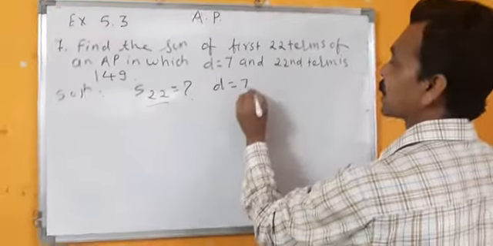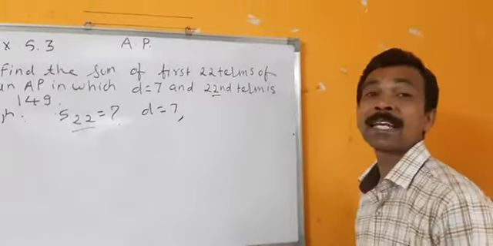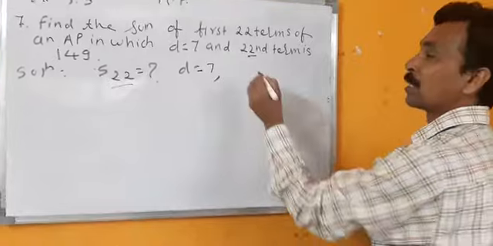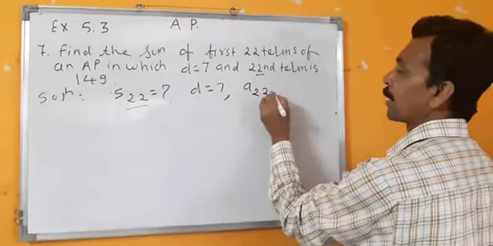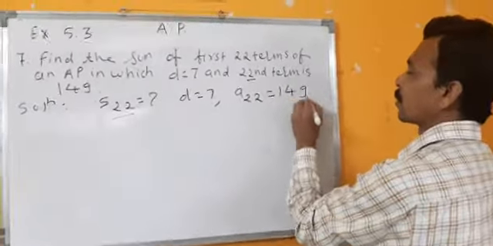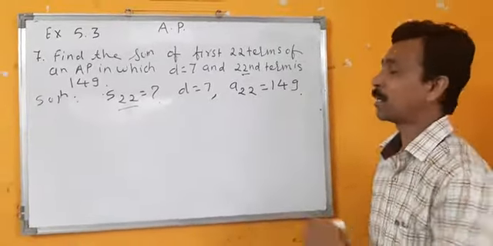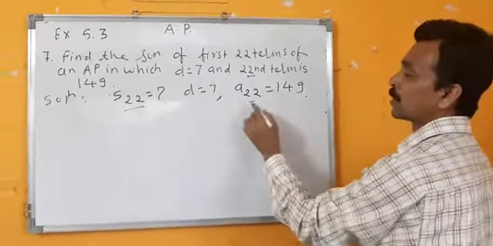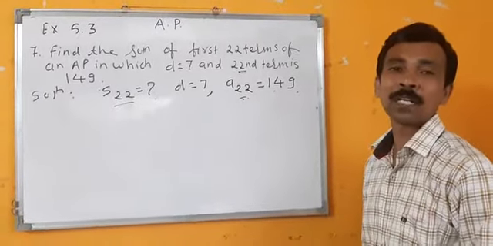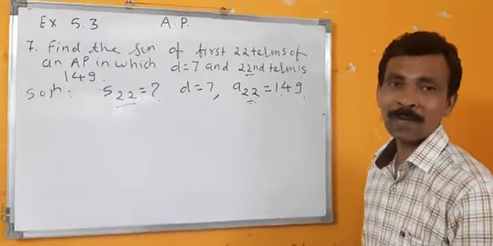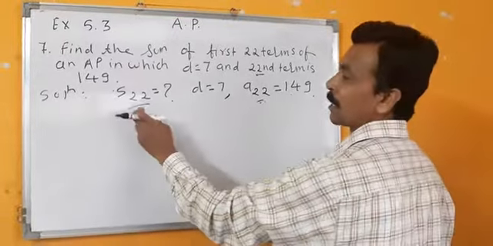D is given as 7 and 22nd term is 149. A22 is given as 149. Using A22 is equal to 149, I will find one value and then I will find S22.